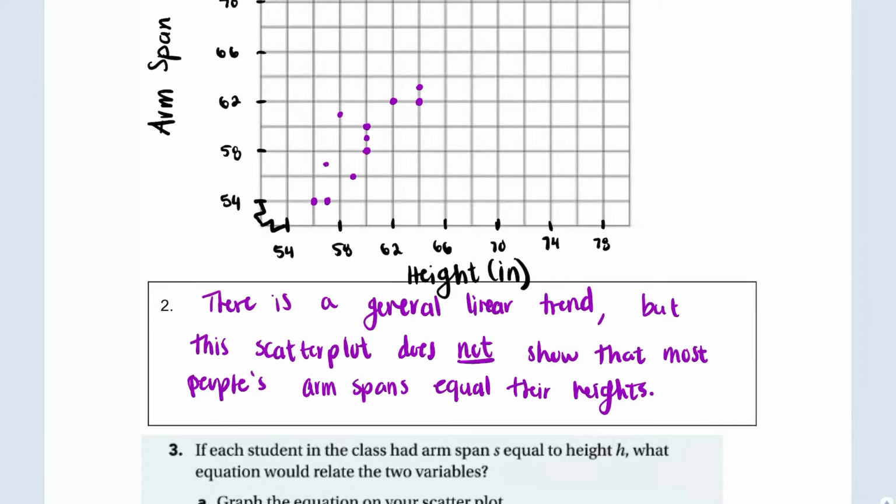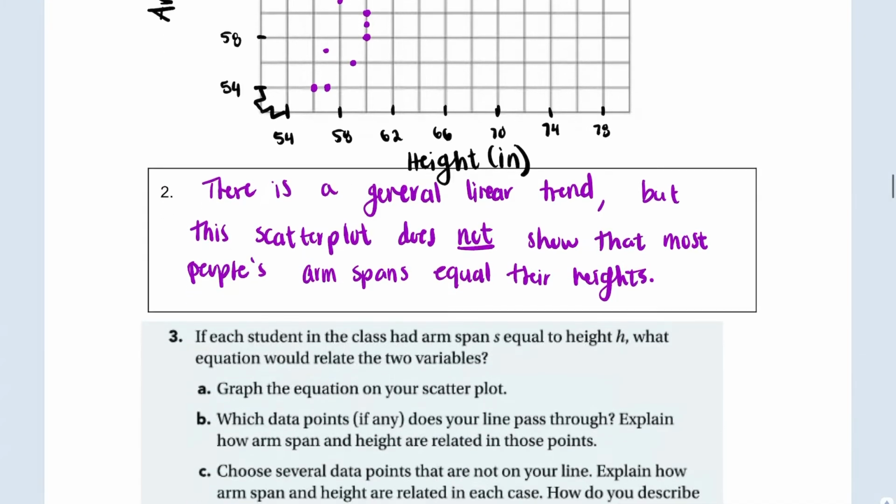So yes, there's a little bit of a linear trend, but as of right now, it doesn't look like arm span equals height.